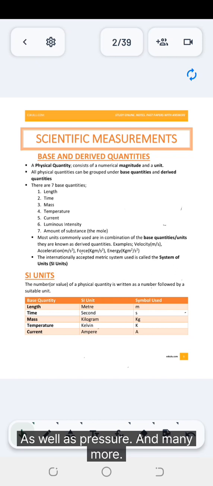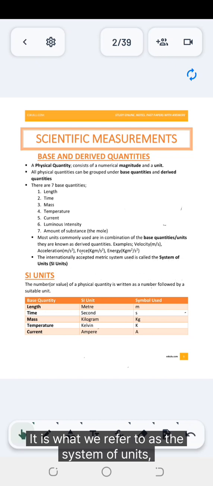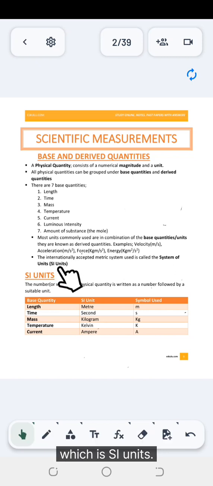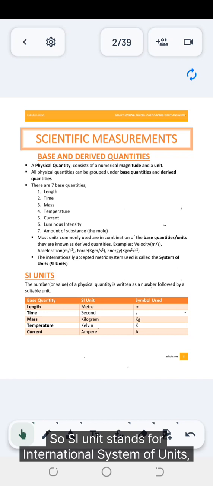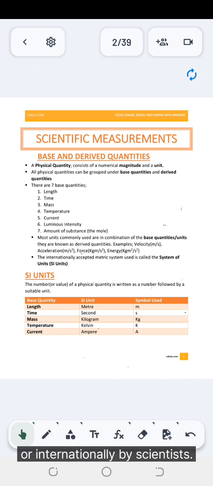The internationally accepted metric system used is what we refer to as the system of units, which is SI units. SI stands for International System of Units, which are units that are accepted worldwide or internationally by scientists.